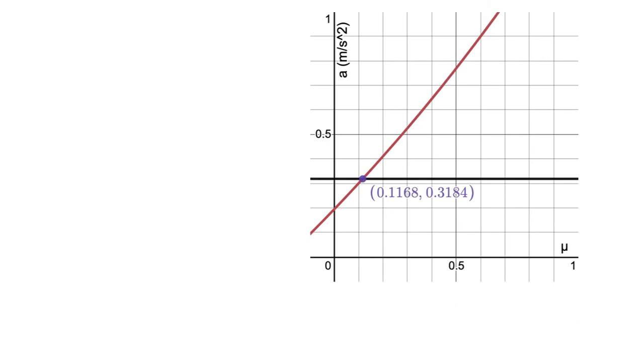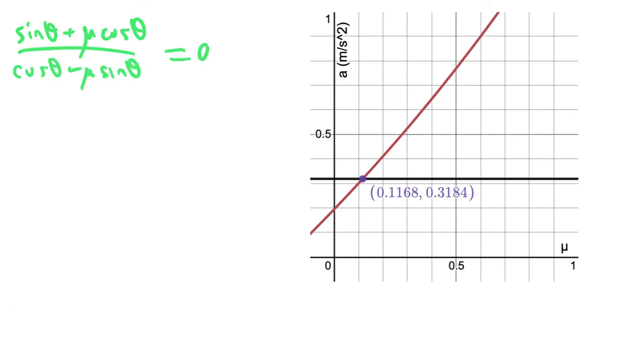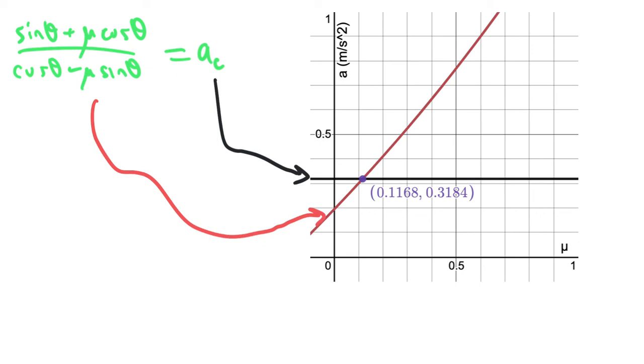The other way to do it is to recognize that we had the following equation: sine theta plus mu cos theta over cos theta minus mu sine theta equals the centripetal acceleration, which we could compute because we had v and r. And so we could go to some place like Desmos and we could plot this thing, and we could plot the other thing here, and then they will intersect at that space.